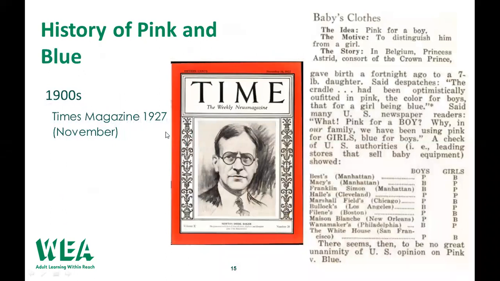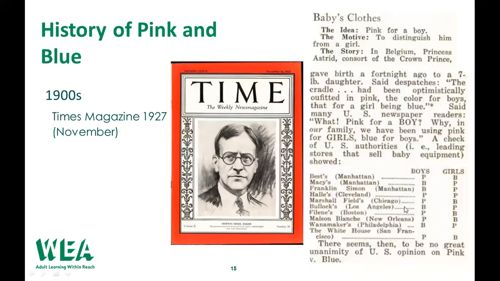When we move on to the 1900s, it's interesting to have a look at what's happening in America, because in 1927, in Time magazine, we have a short piece about clothing for boys and girls, and the idea is pink for a boy, because pink was usually used for boys and blue was used for girls.